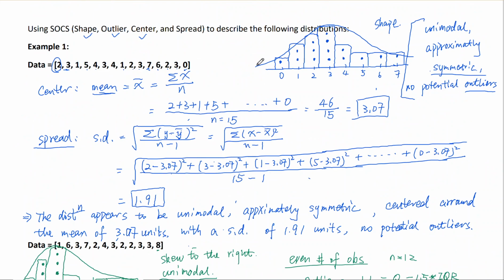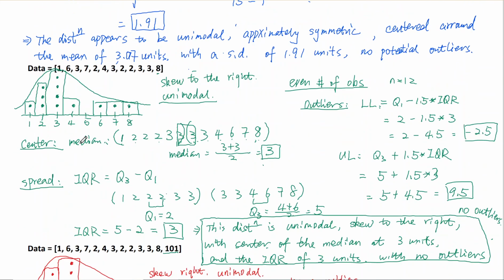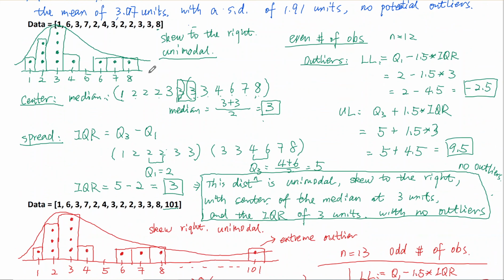All right, so here I made 3 examples based on 3 different conditions. First, if the distribution is symmetric, then you calculate the mean and standard deviation for the center and spread. If the distribution is skewed, then you need to use the median and IQR for the center and spread. If you have an even number of observations, then the median will be the average of the middle 2 values of your sorted data.